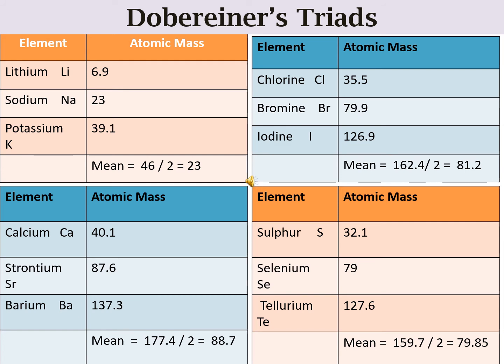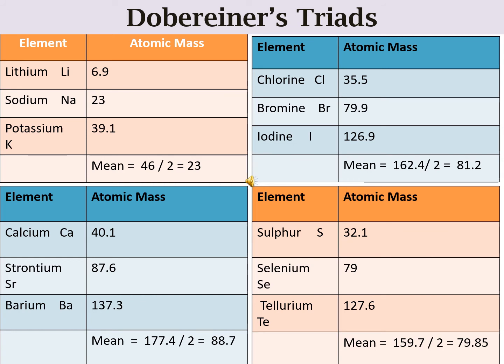Coming to the next one, calcium, strontium and barium. The calcium atomic mass is 40.1, and that of barium is 137.3. So if you take the atomic mass again of first and third and you find out the mean, that is the average, the sum comes out to be 177.4, divided by 2, that gives you 88.7 atomic mass unit.